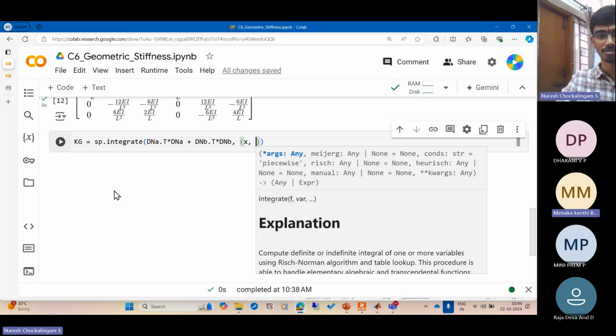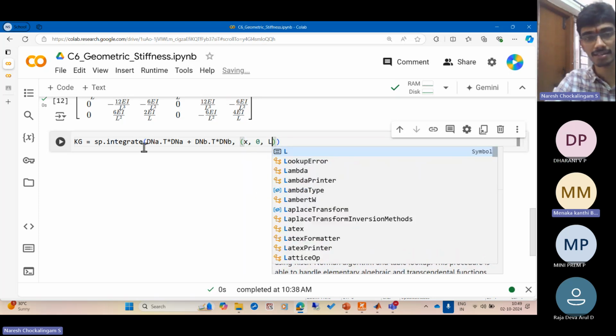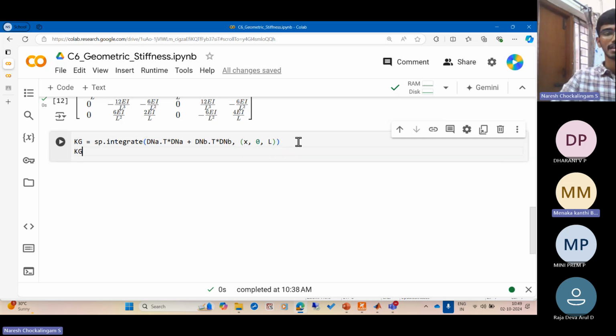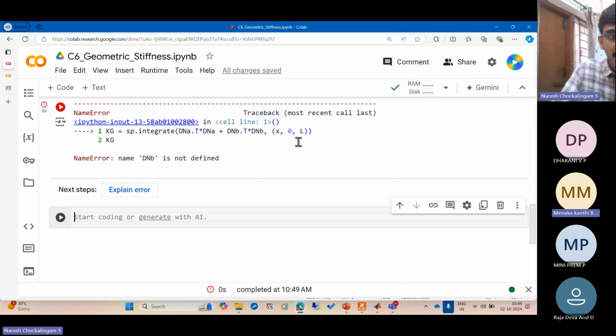X going from 0 to L. So this is the correct syntax: the variable, comma, lower limit, comma, upper limit, inside this parenthesis. Then I'll just print kg and see what it is. DNB is not defined. Okay, I have to run everything again.